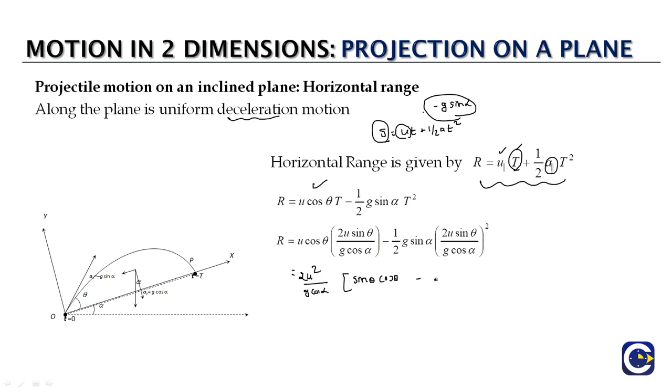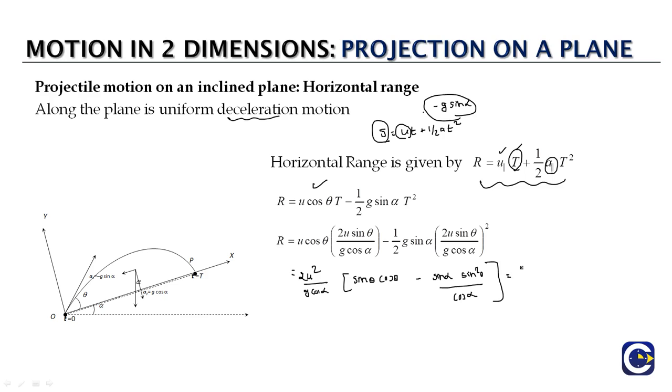minus sin alpha sin square theta by cos alpha. So we will probably be able to take one more term common, which is sin theta.